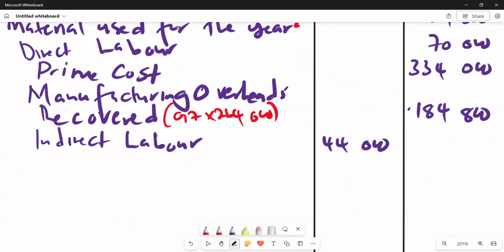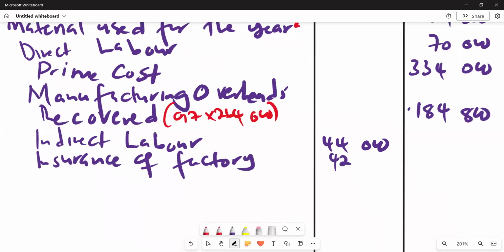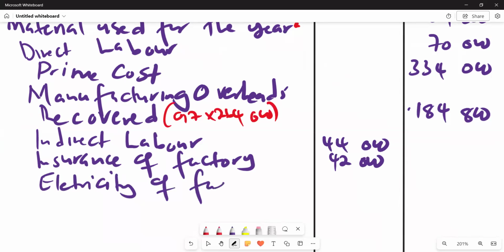Then we have got insurance of factory, $42,000. And then we have got electricity of factory, $48,600.